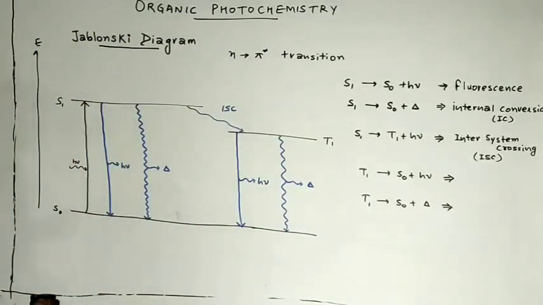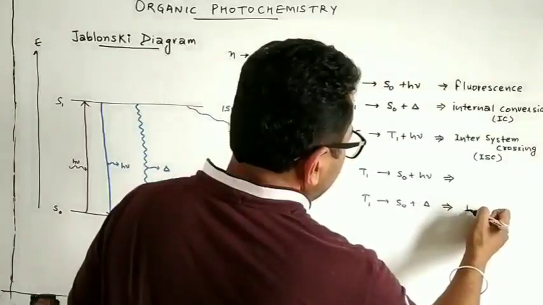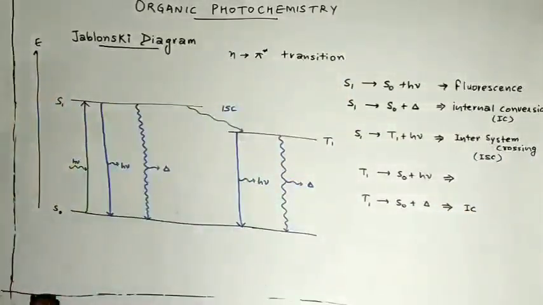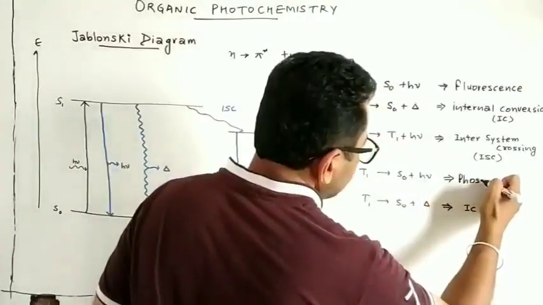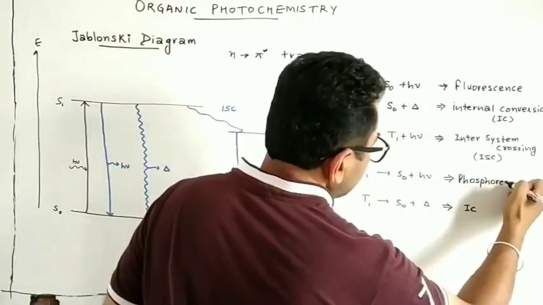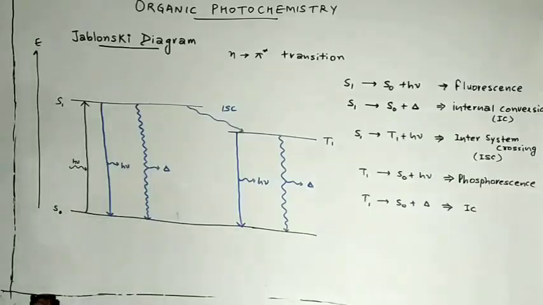So when it emits heat, that is called internal conversion, and when it emits light, in this case, that is called phosphorescence. The process is known as phosphorescence.